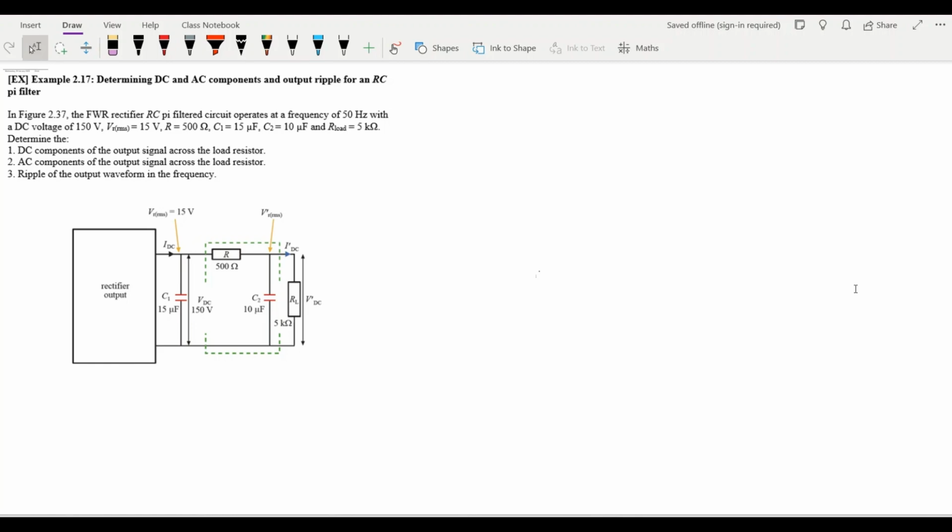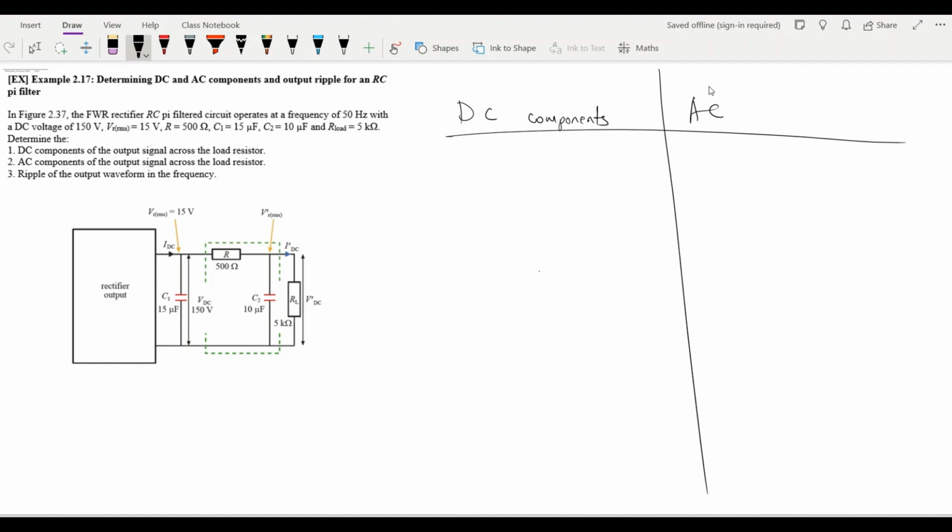Now, we are going to divide this into two sections. We'll have the DC components and our AC components, just like that.